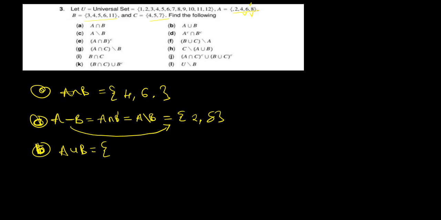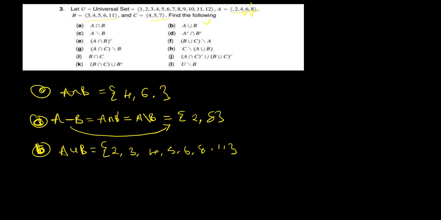I'll start with the lowest I can see, which is 2, followed by 3, 4, 5, 6, 8, and 11, like that. So those are the things I can see there. So that is B. We have solved this one.